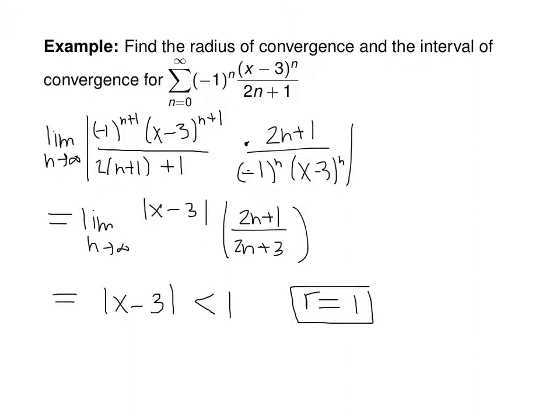And that implies that negative 1 is less than x minus 3, which is less than 1, or that 2 is less than x, which is less than 4. Now we just need to test 2 and 4 and see if we have convergence or divergence there. So when we have x equals 2, we get the sum from 0 to infinity of negative 1 to the n.